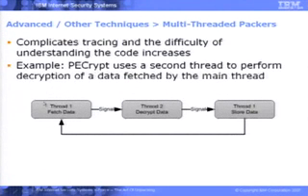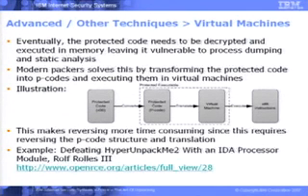Another technique is multi-threading. One example is pcrypt. It decrypts the encrypted code in a separate thread, so it is difficult to trace. Finally, the latest technique used by commercial packers is virtual machines, because eventually protected code needs to be decrypted, and the anti-reversing tricks will be bypassed.